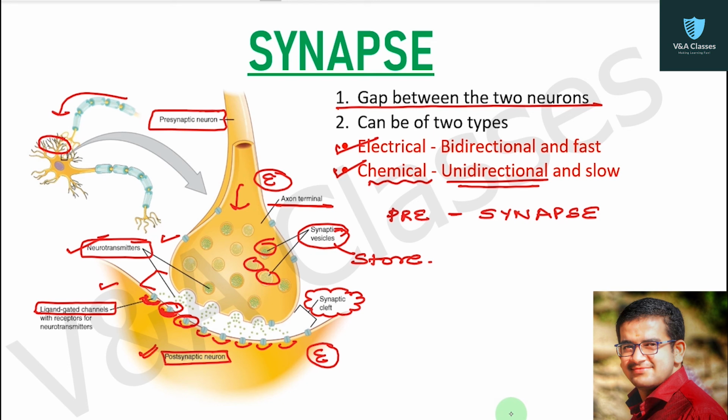So the impulse can only travel from presynaptic to postsynaptic. So it is a unidirectional flow of the impulse. And the disadvantage of chemical synapse is that it is slow. Whereas the electrical synapse is bidirectional. The impulse can flow on either side and it is a faster synapse as compared to the chemical synapse.